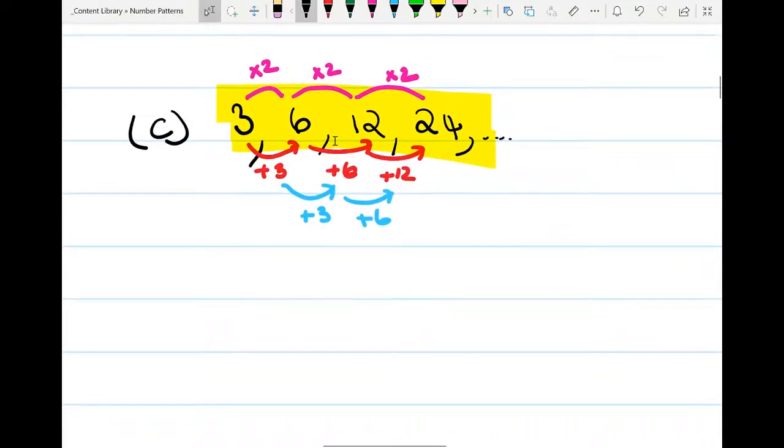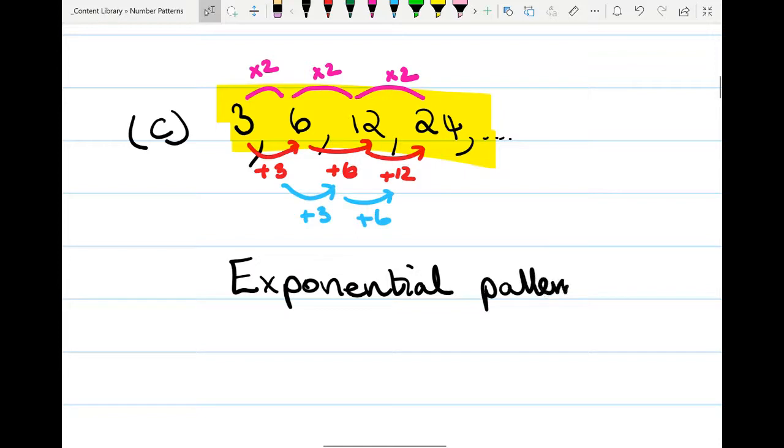A multiplication pattern is called an exponential pattern. Each term here is multiplied by 2.